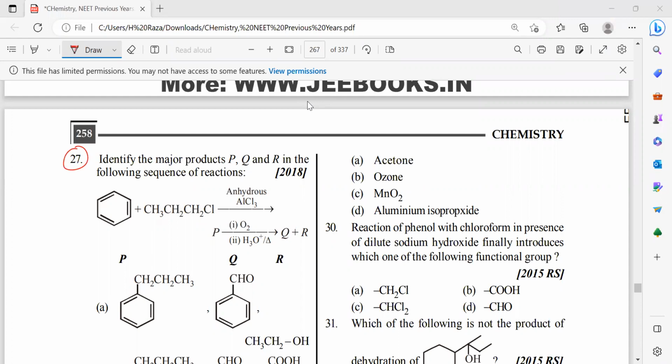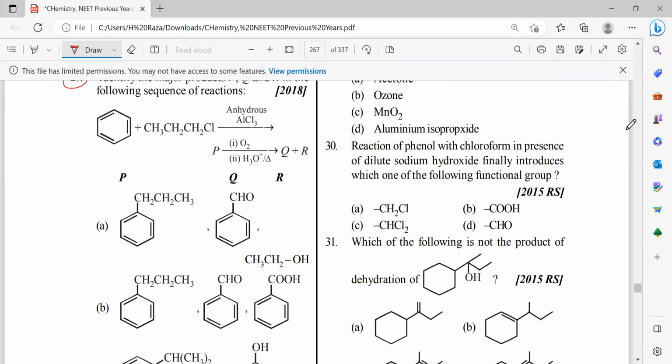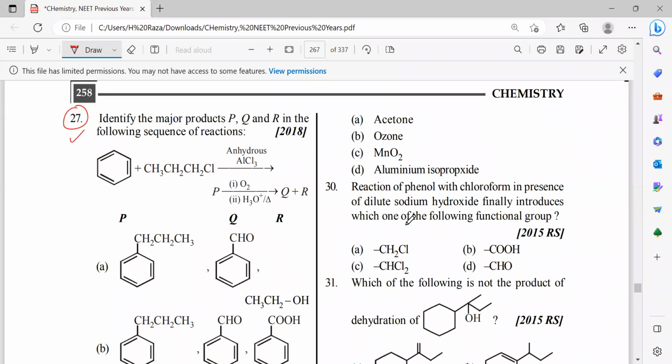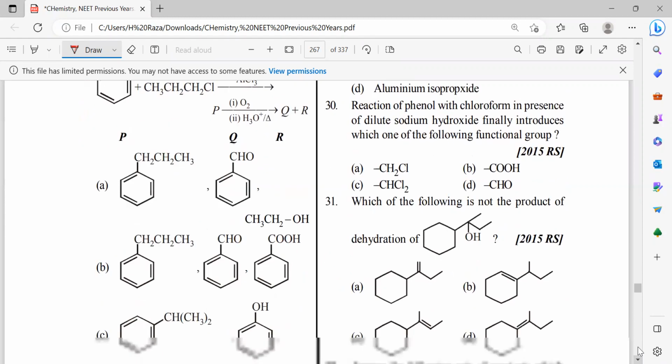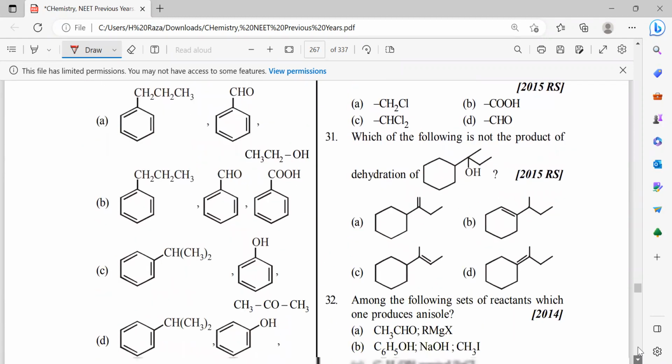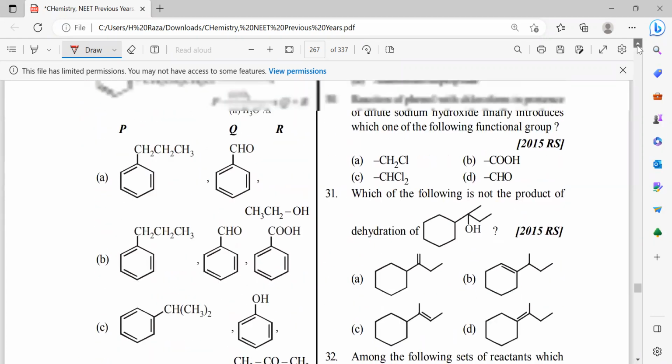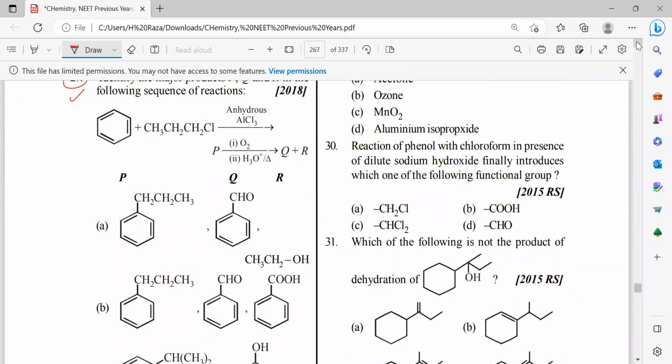Can you scroll down a little for the option? Okay, everyone, this is your option. This is your reaction, and you need to tell me P and then Q and R. You should do the reaction instead of looking at the option first.